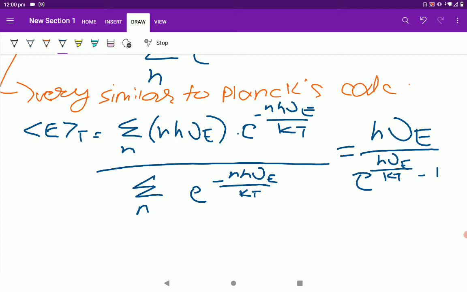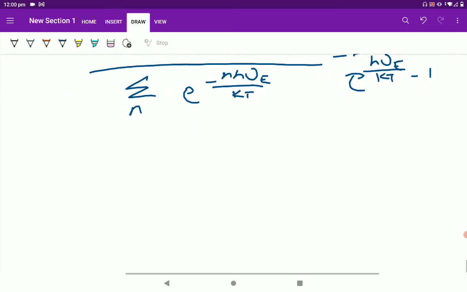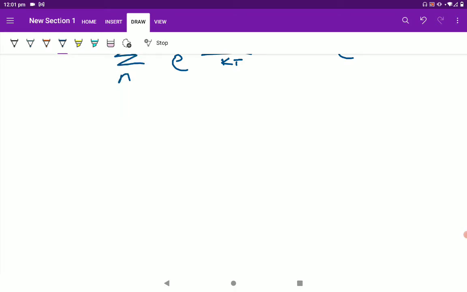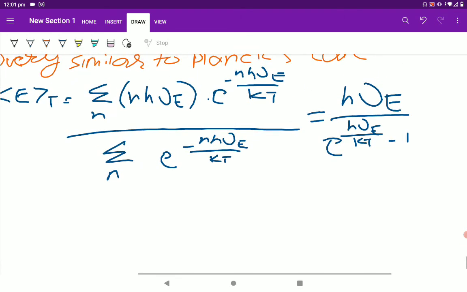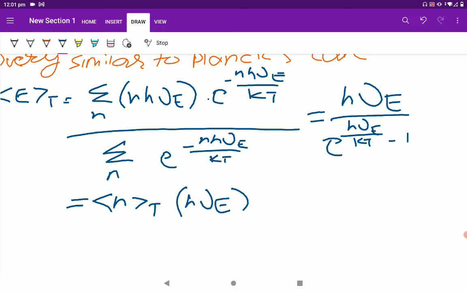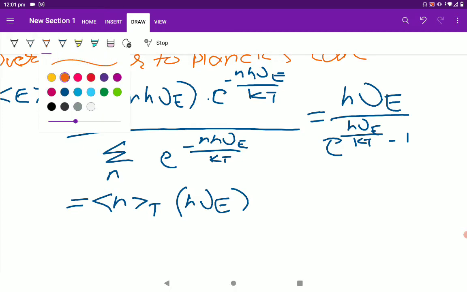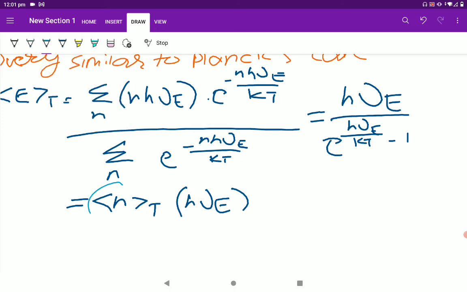We can write this interpretation multiplied by h mu e. So here, this quantity is 1 by e to the power h mu e by kT minus 1.